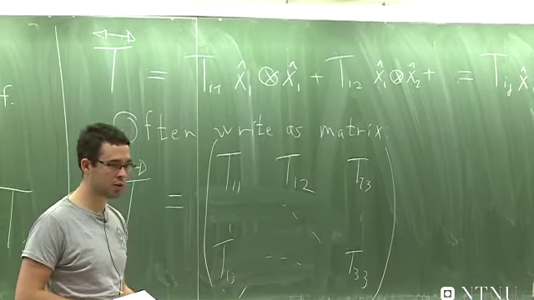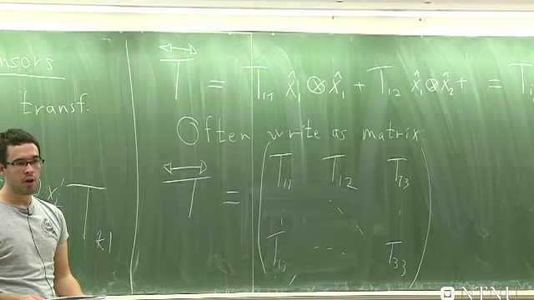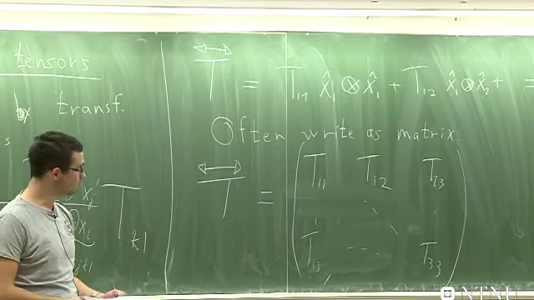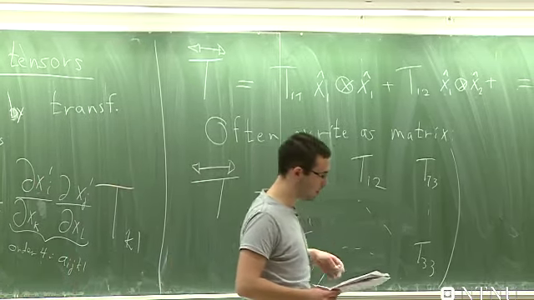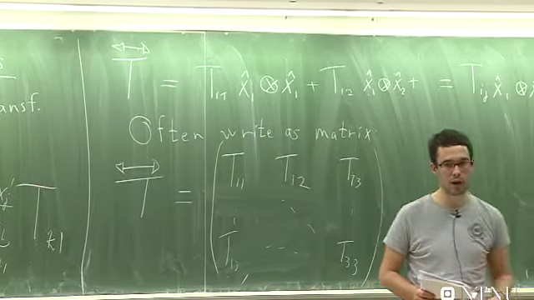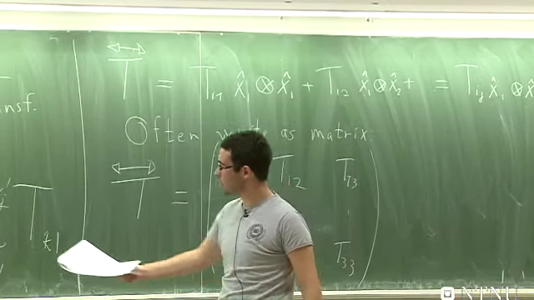Oh, you can fill in the blanks yourself. So it's basically just a 3x3 matrix when you write it out like this, except it can't be just any components in here, and they have to transform in the way that we specified here.